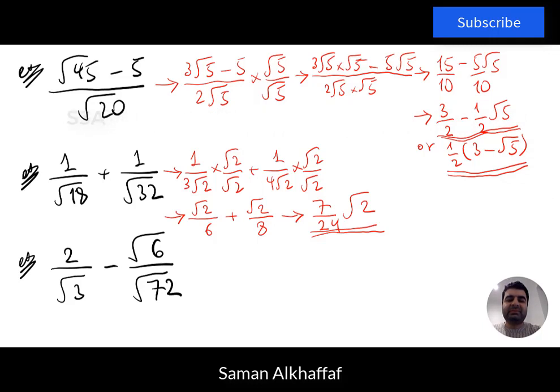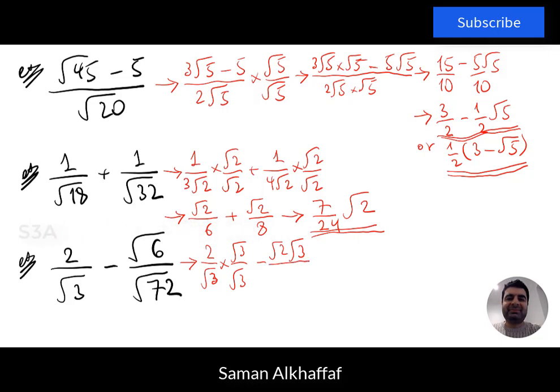In this example, we have 2 over root 3 take away root 6 over root 72. Again, we'll try to simplify them to the smallest root, so we can see root 3 is the smallest. So in this scenario, we multiply the 2 over root 3 by root 3 over root 3. Take away the root of 6, it can be simplified to root 2 and root 3.